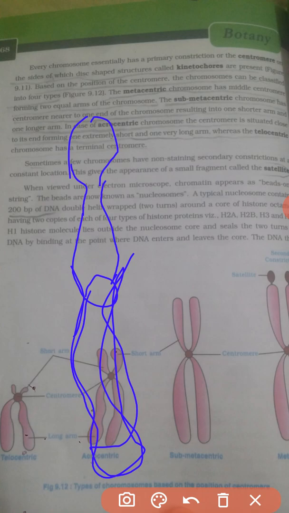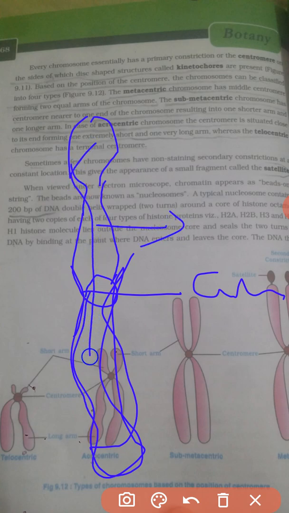So this is the centromere. They have two kinds of constrictions. This is the telomere. This is the secondary constriction I'm talking about. This is the NOR, which is also a secondary constriction. So we have two secondary constrictions and one primary constriction.